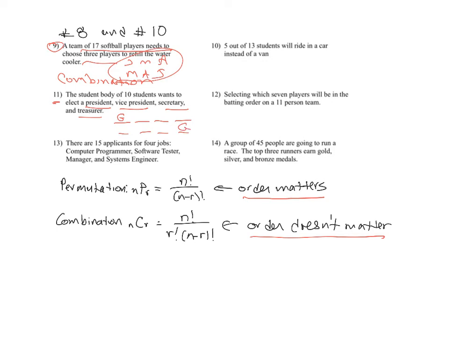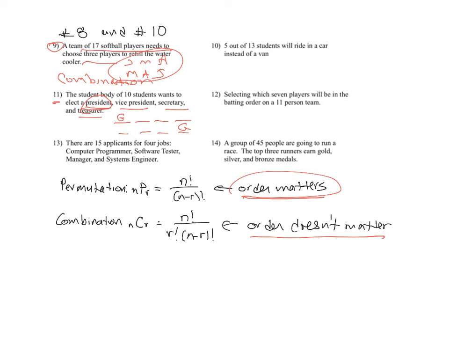Hopefully you're thinking yes. Order matters. President, for most people, would be the highest goal they'd want to seek, like winning. If you wanted to be president but ended up just being the treasurer, you might be happy, but that's not the same thing. Every role is not equal, so order matters, and that makes it a permutation.